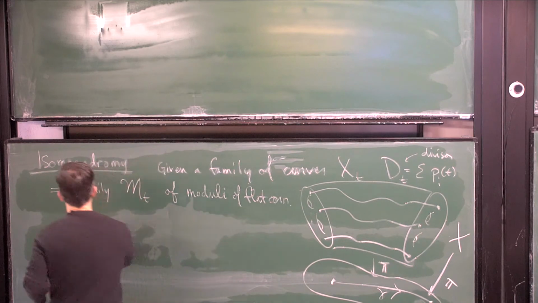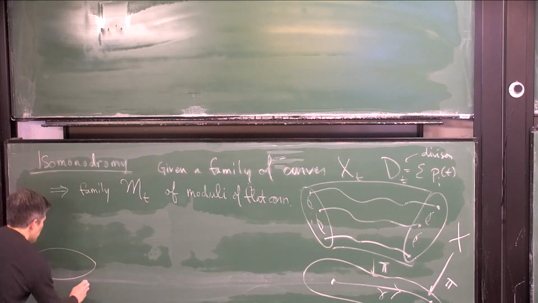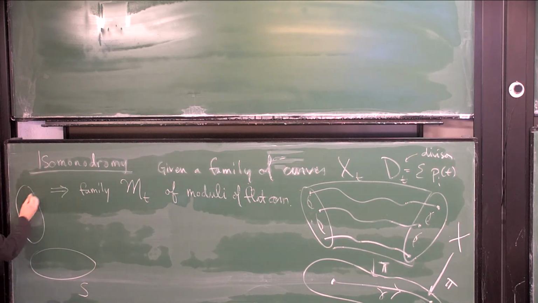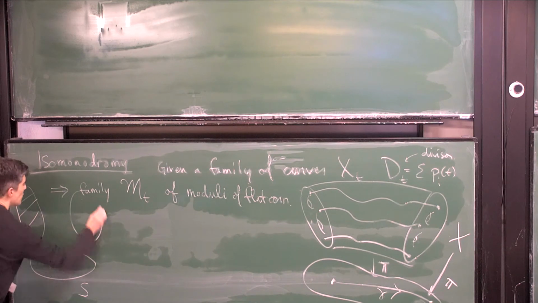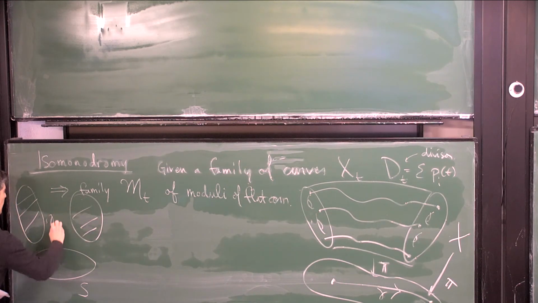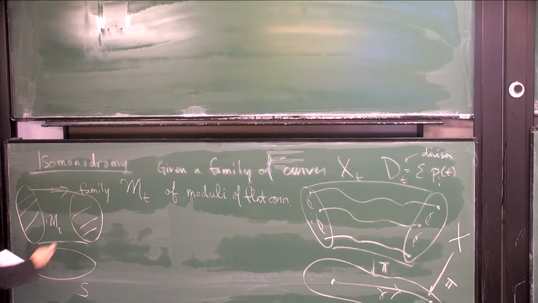So we get this family over the same base S, and these are now much larger dimensional spaces, M sub t. Okay? And iso-monodromy is the statement that this family of moduli spaces has a flat Ehresmann connection. It's a flat fiber bundle.